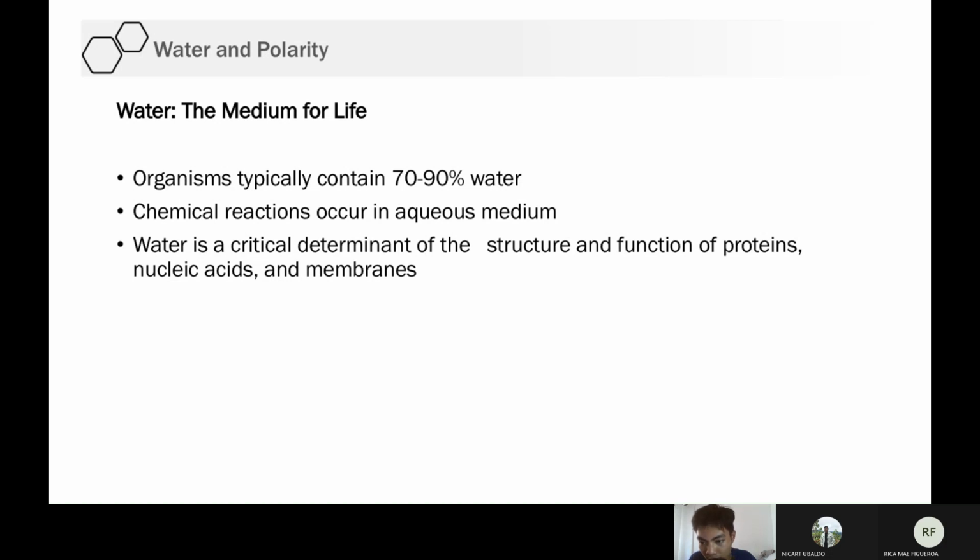Number one, ito yung dissolving medium ng lahat ng substances, so all the chemical reactions will happen here. Number two, this will tell you the final shape of your protein, the behavior of nucleic acids, and different membranes of your cell. So malaki yung effect ni water sa biochem.